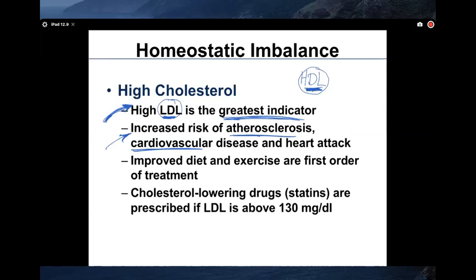All right. It's the high density lipoprotein. If it was high, it simply means the fat intake is higher, but it carries less risk than the LDL.